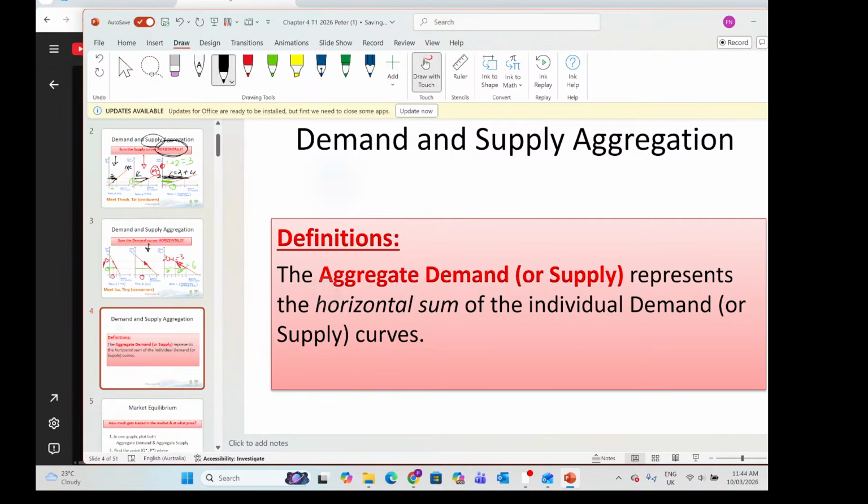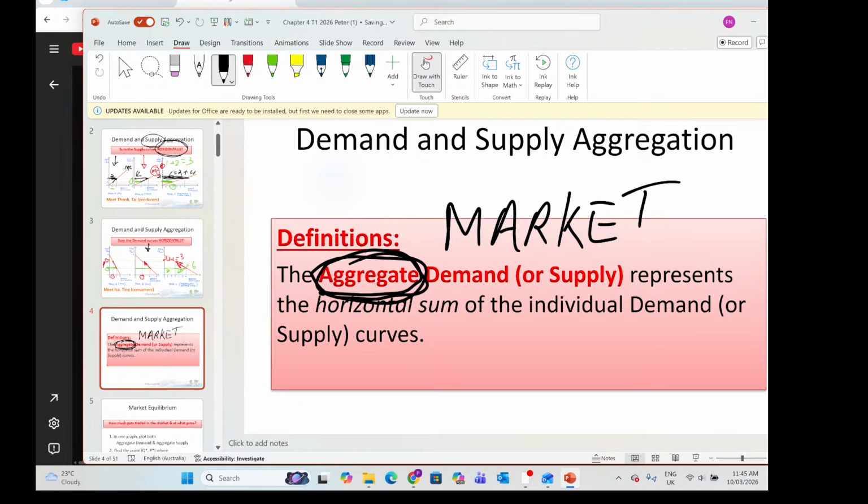I'd just point out here, aggregate demand also has a meaning in macroeconomics, which is a bit different to the way that we use it in microeconomics. So we can use the term aggregate demand and supply. We could also use the term market demand and supply.